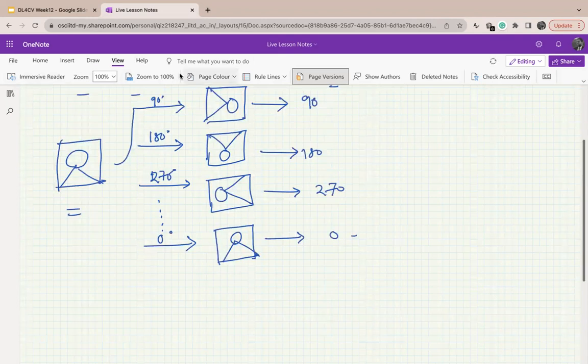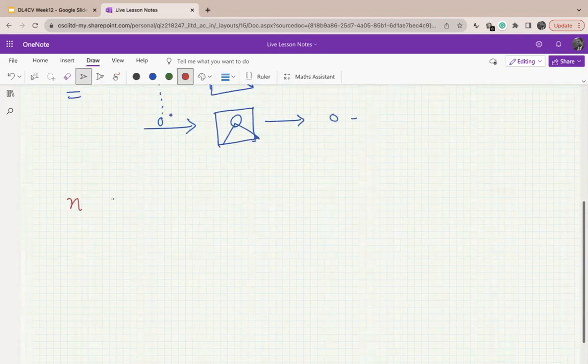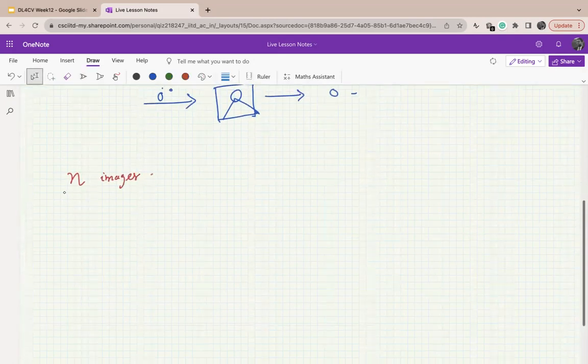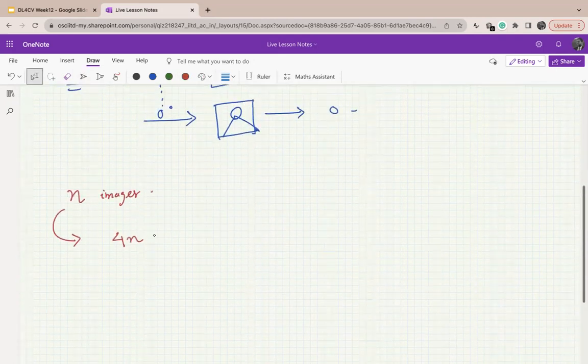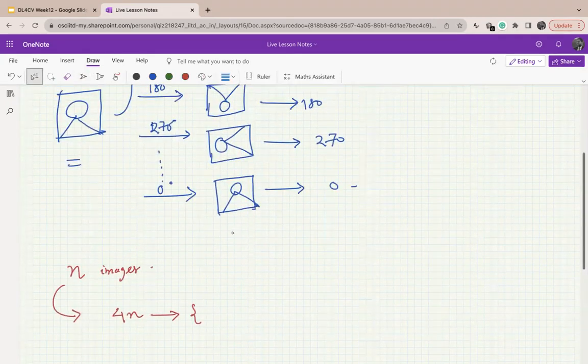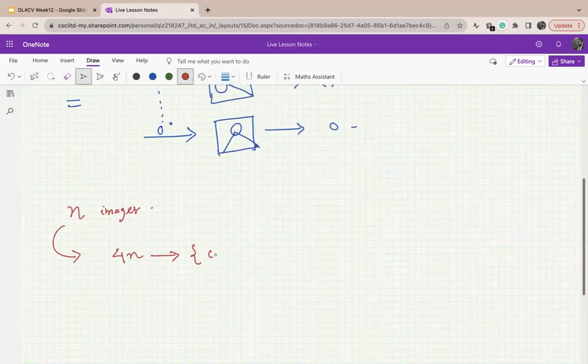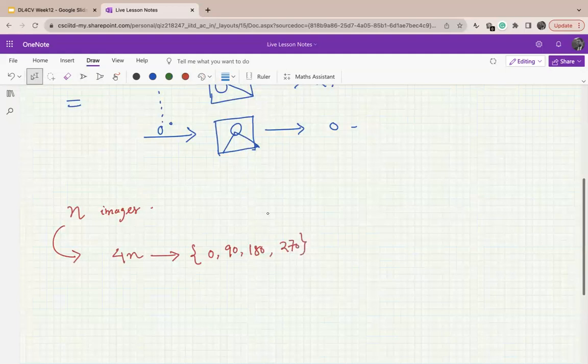If you look carefully, if we had, let's say, n images at first, now this n is converted to 4n images, because each image is transformed 4 times, and each of these 4 images maps to one of these 4 numbers: 0, 90, 180, and 270.